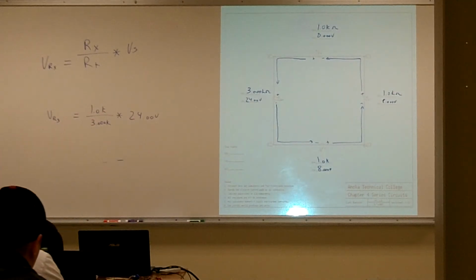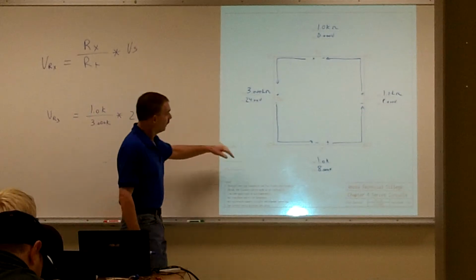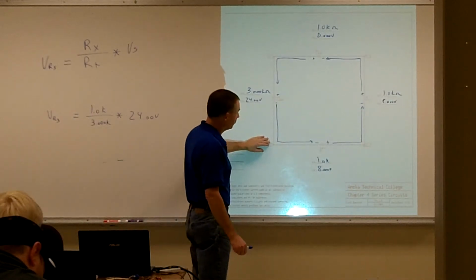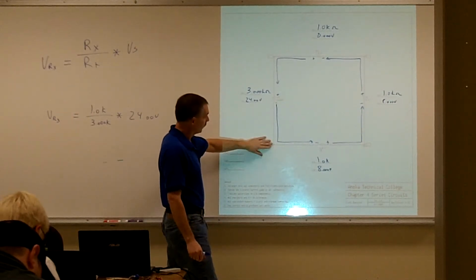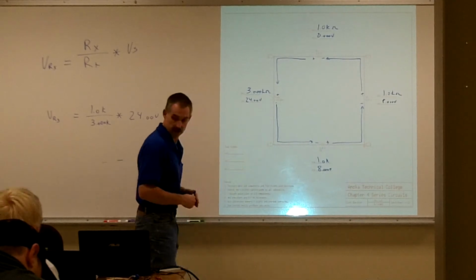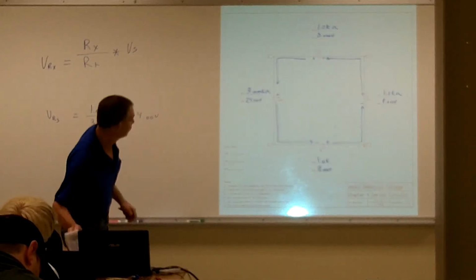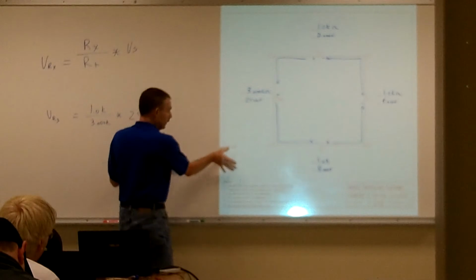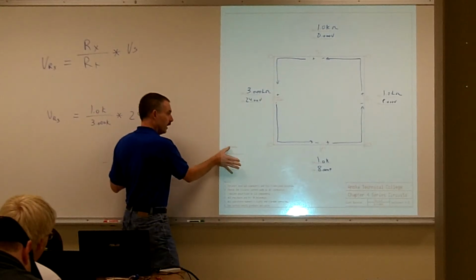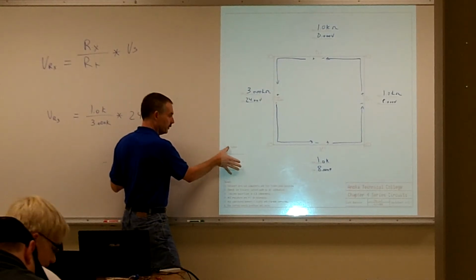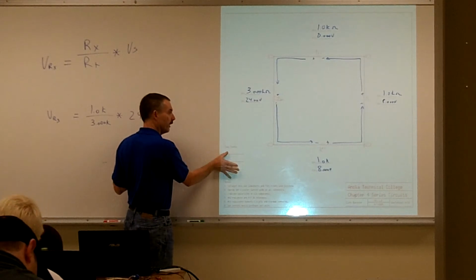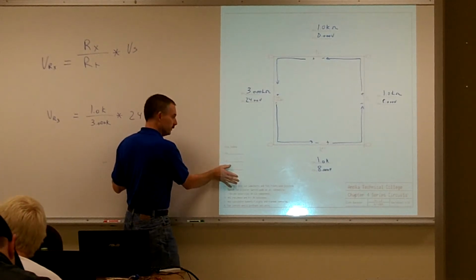All right, so our next step is that we're going to start looking at our test points. A lot of times you'll see on your schematics there's going to be a little section where they have test points.